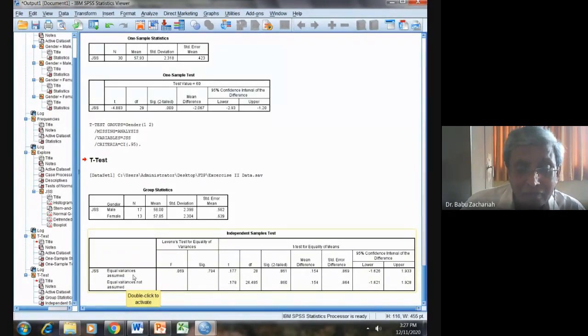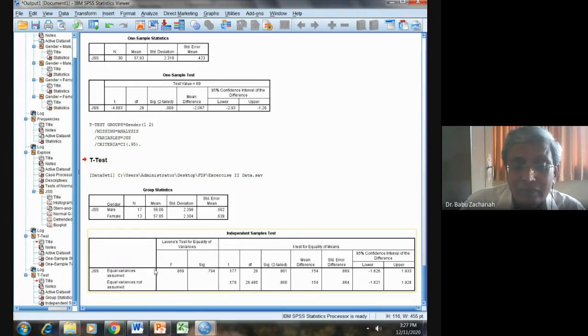So the first row values are for the first assumption, and the second row values are for the second. Now, which row do we have to refer to? For that, there is something called Levene's test for equality of variances. You see that box, Levene's test for equality of variances.